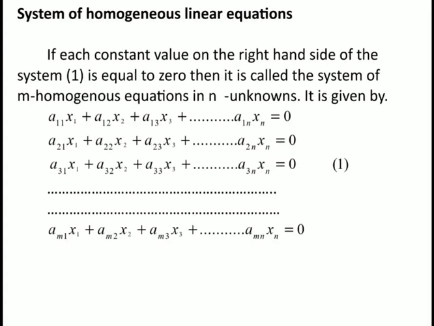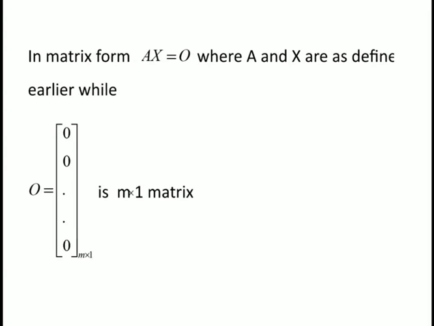First, let us see about the system of homogeneous linear equations. In the previous slide, we have seen the system of equations a11x1 etc. up to a1nxn is equal to, here we have 0. If the RHS of the system of equations 1 are equal to 0, then such a system of equations is known as homogeneous linear equations.